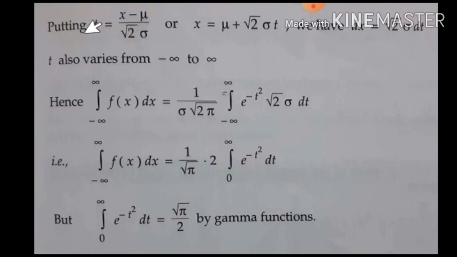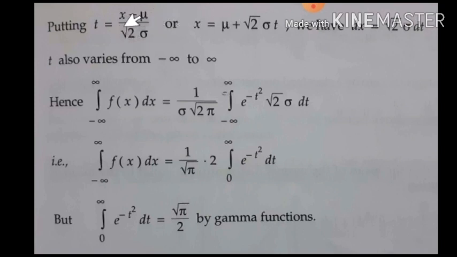When we substitute any term, we need to find the derivative also. So what will be the dt? Here the variables are t and x. Mean and standard deviation are constants. So to get it in dx form, we are rewriting it.